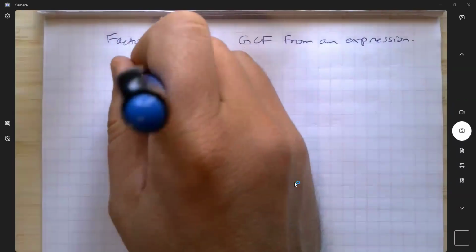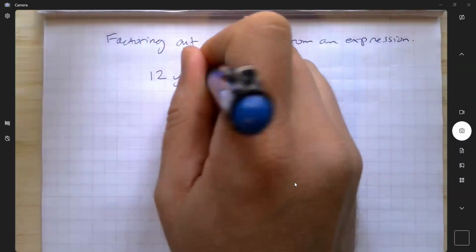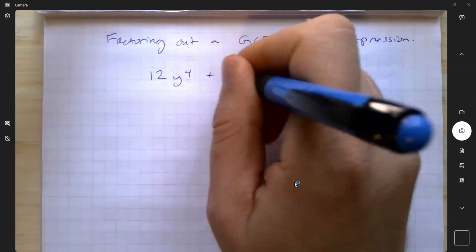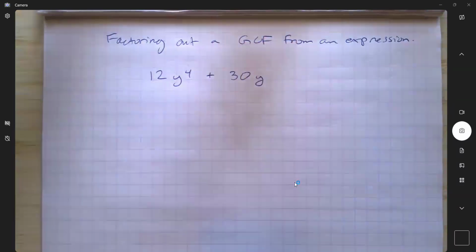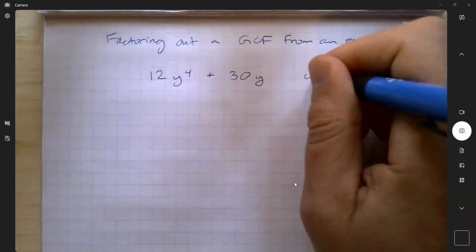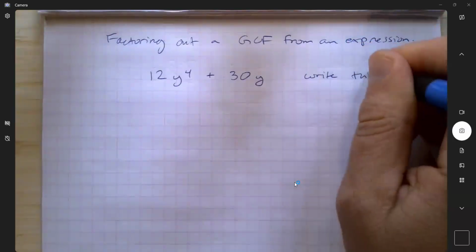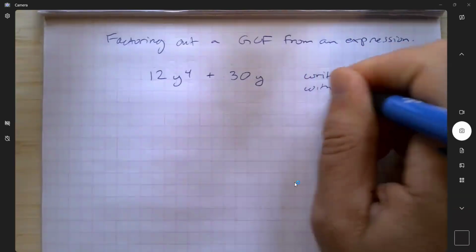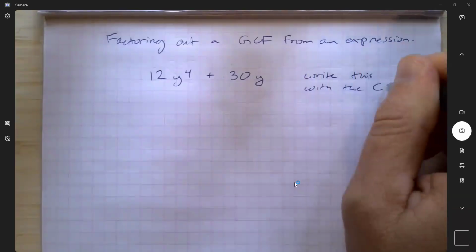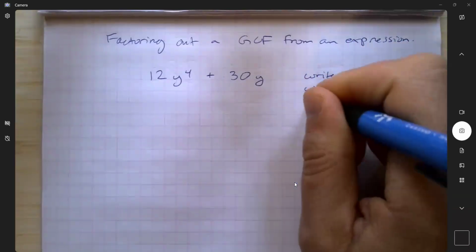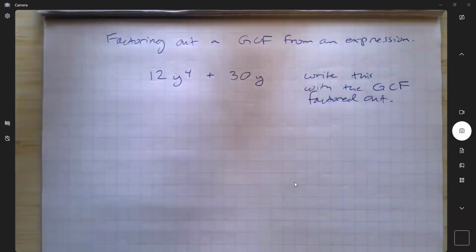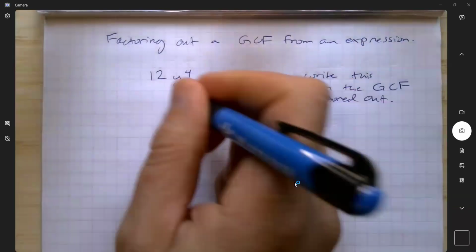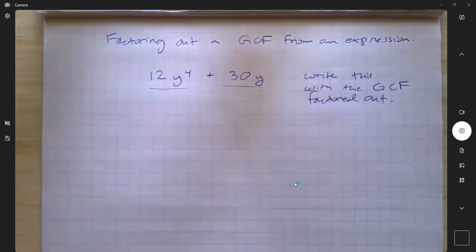Like, let's do 12y to the 4th plus 30y. And we're going to write this with the GCF factored out. And we approach this by looking at each term separately and finding the GCF.